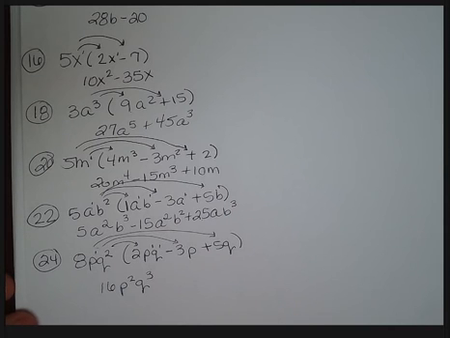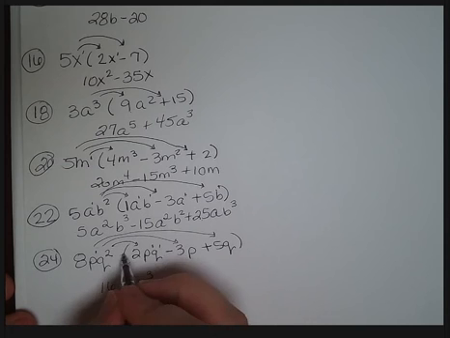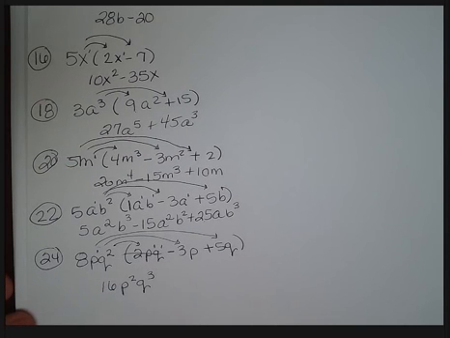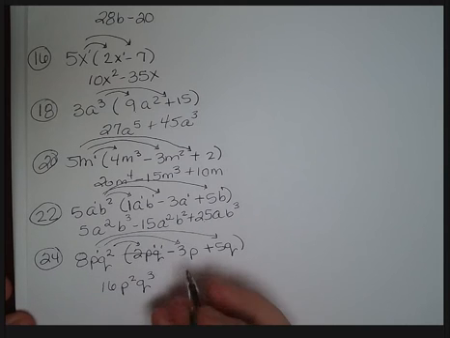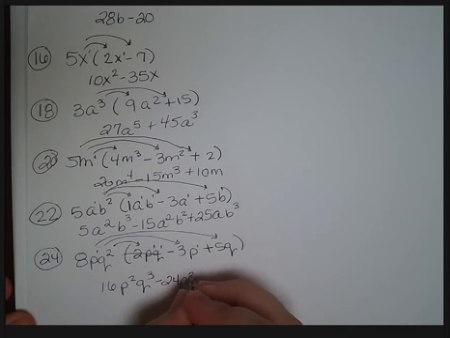So then this next term, and if you want to cross the terms out after you've multiplied them, that's also a technique you can use to help you. So 8 times negative 3 is negative 24. P times p is going to give you p squared. And we're going to bring that q squared down.